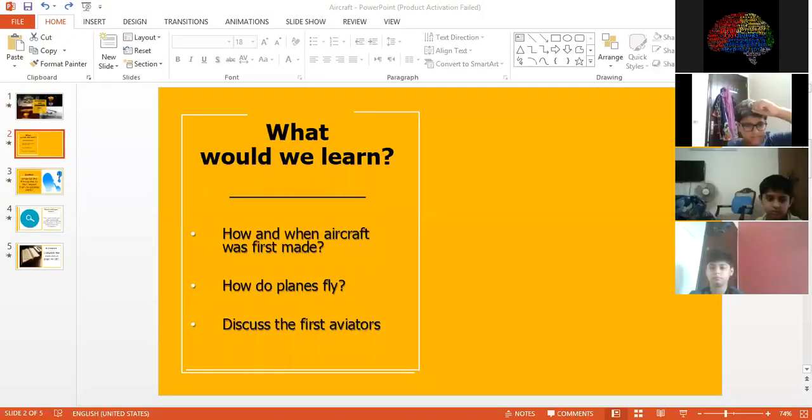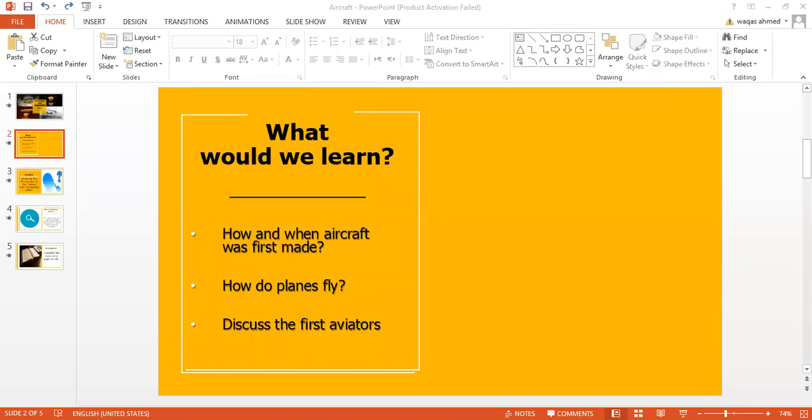For passengers. Okay. In the book, it is clearly mentioned that this plane was working for both purposes, the business community and the passengers as well.